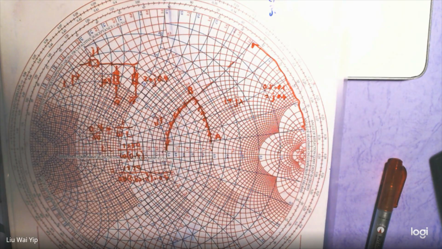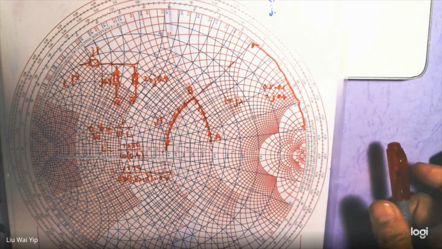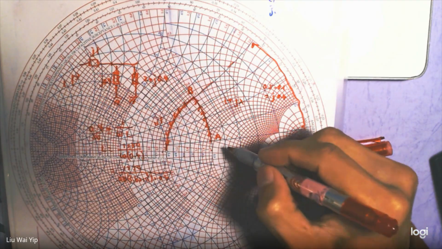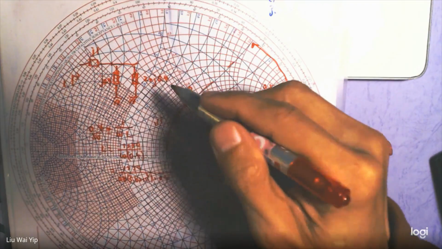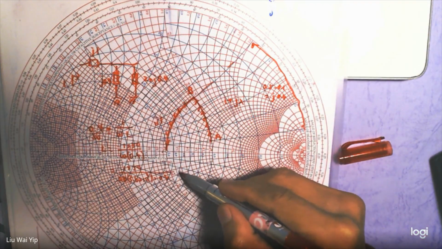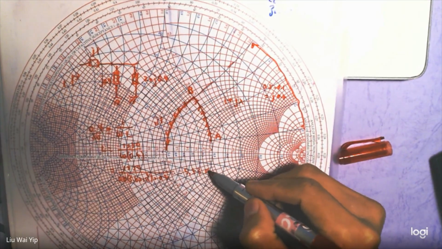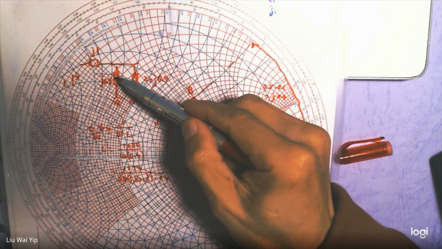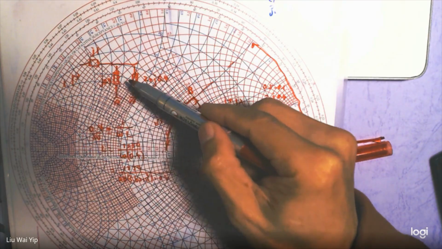So it's 5.53 nanohenry. 5.53 nanohenry. So in order to get this matching network, you need the inductor here to be 5.53 nanohenry.